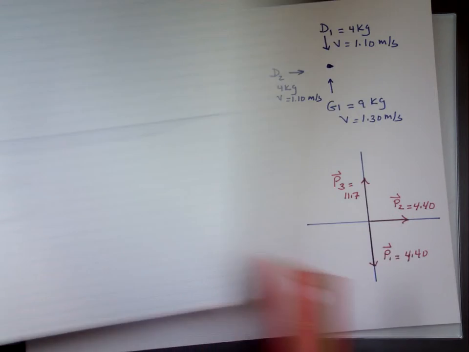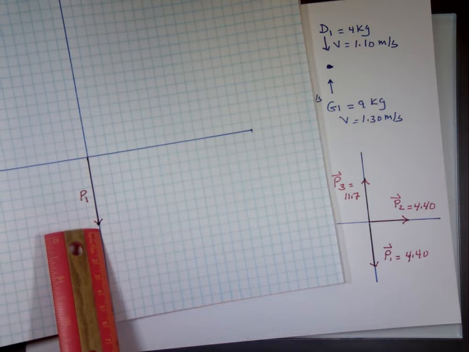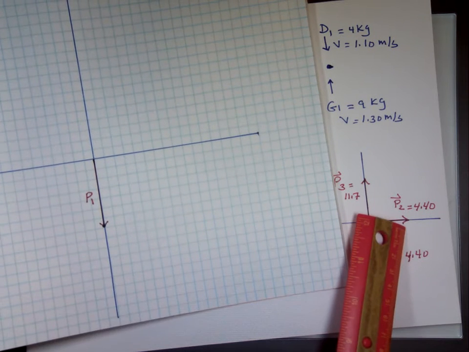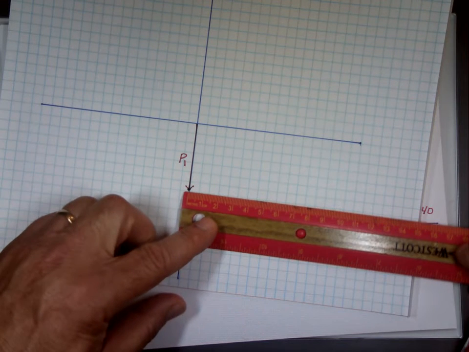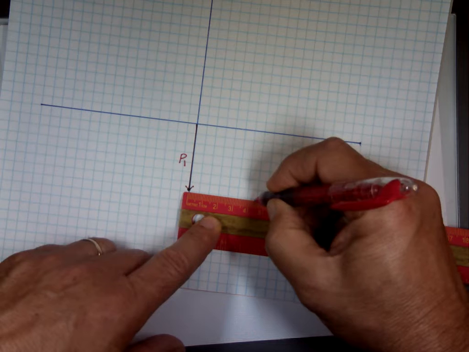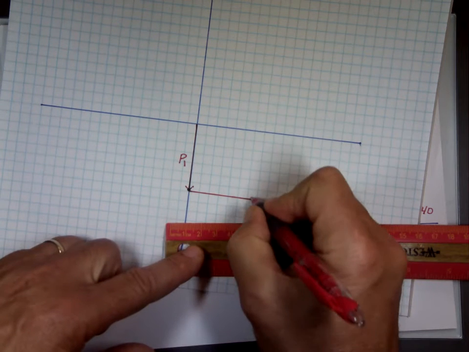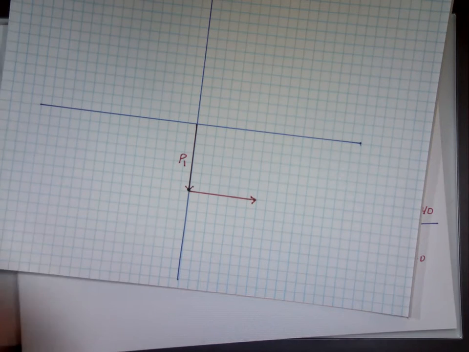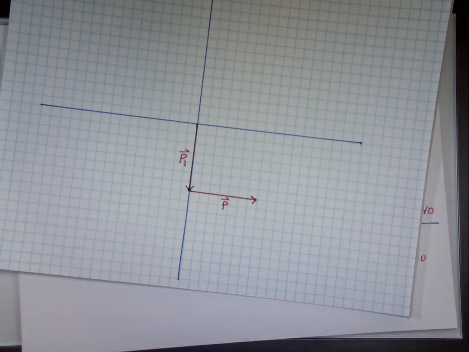Add to it P2. When you're adding vectors, from the end of this, we're going to add P2. P2 is 4.4 to the right. So from this, let me go 4.4 to the right.